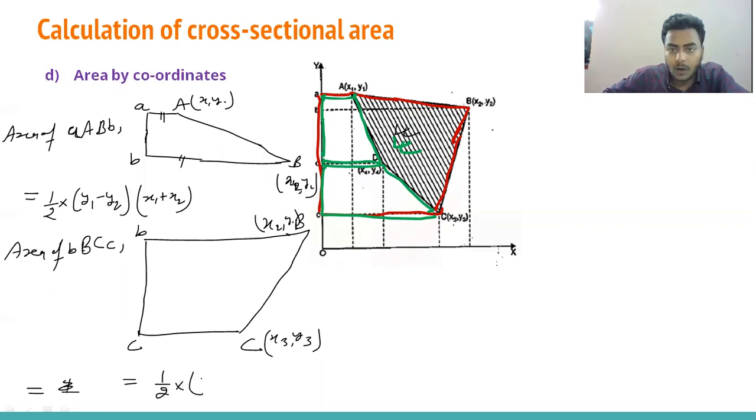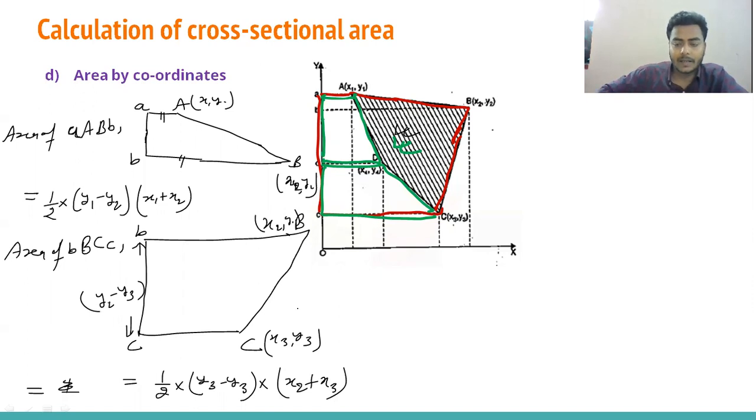Height would be y2 minus y3, and the summation of parallel sides, x2 plus x3. Okay, the area we can calculate for this one.